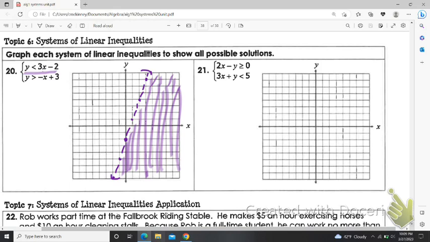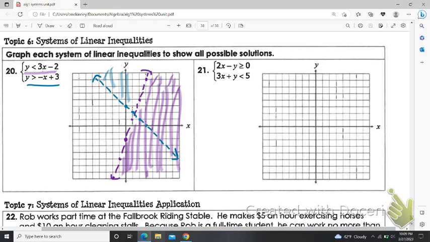And then for the other one, again, already in slope-intercept form. Start at 3, down 1 over 1. This is also a dotted line. And this shading is greater, so it's going to go up above the blue line, right?